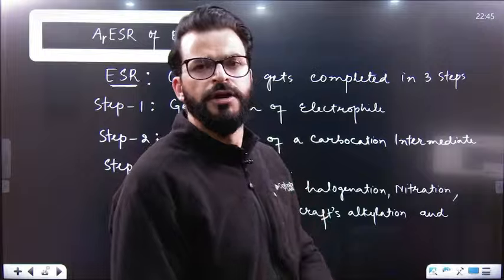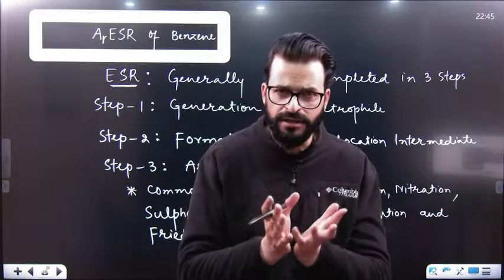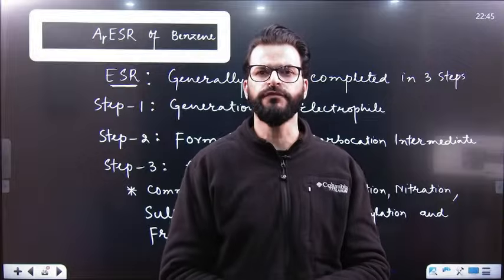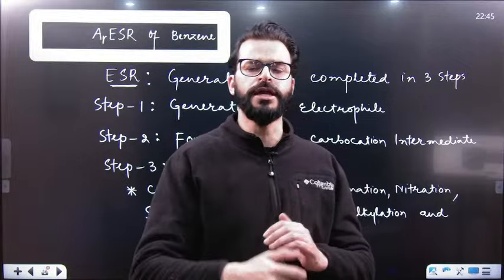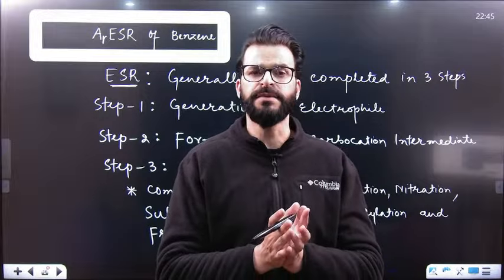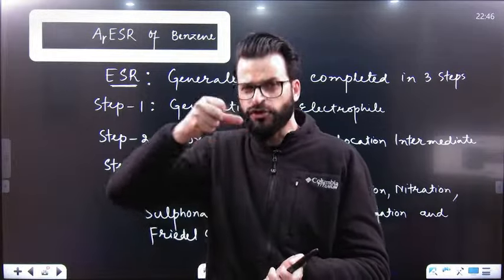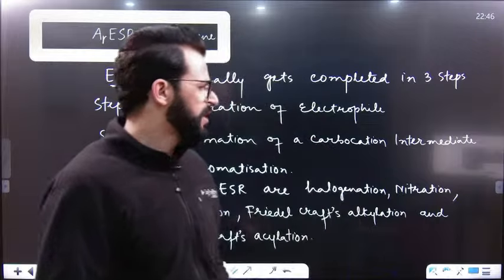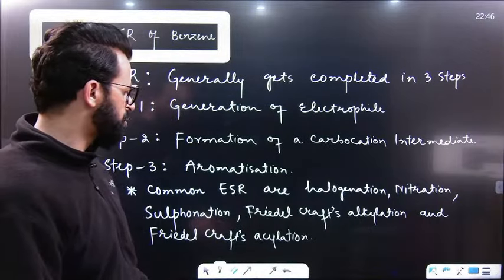But remember, when an aromatic hydrocarbon ring is attached to an electron withdrawing group, that means they will withdraw electrons from the benzene ring, and that will deactivate the benzene ring towards electrophilic substitution reactions.